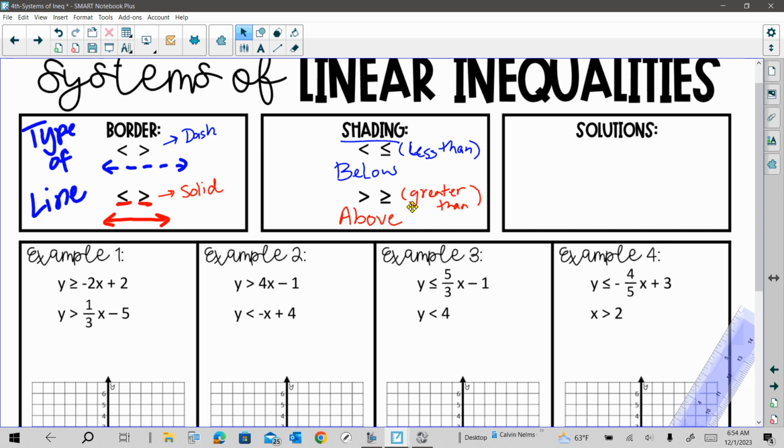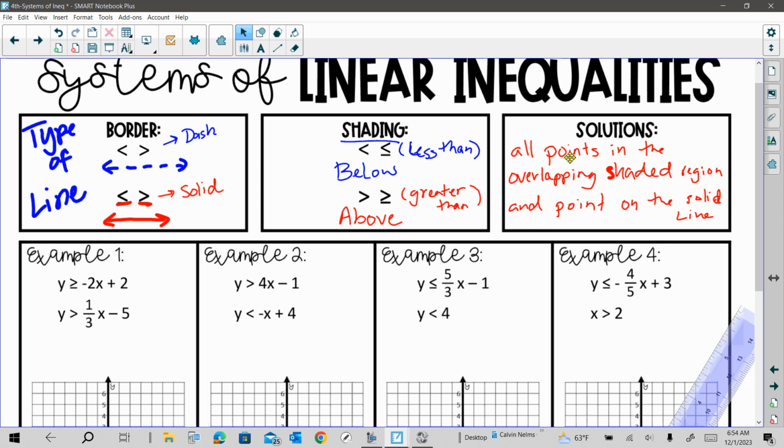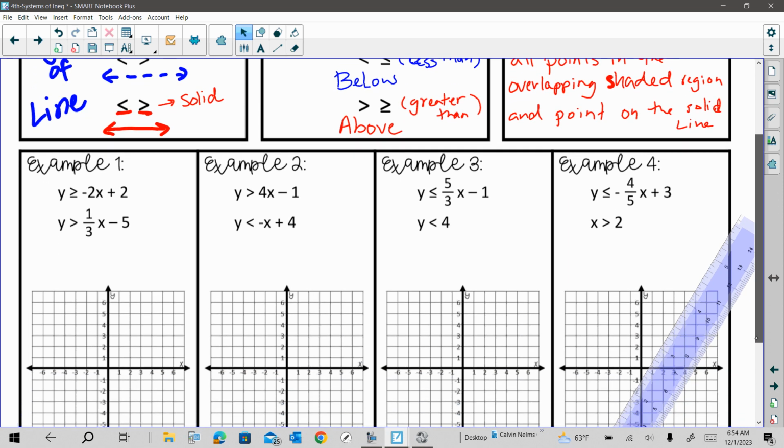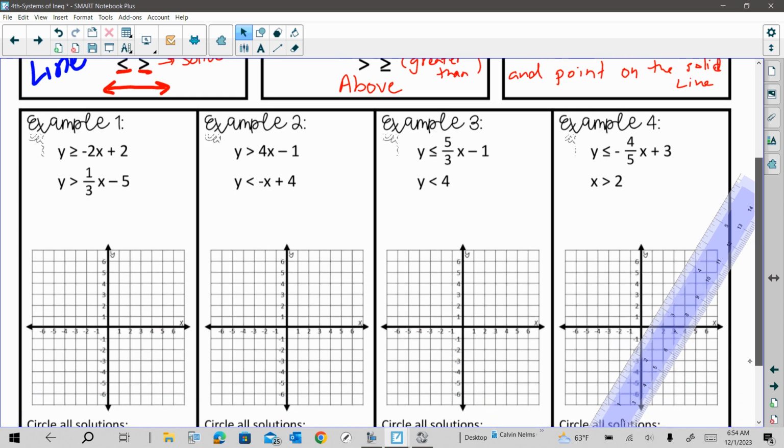Our solutions are any points in the overlapping shaded region. That also includes points on the solid line only. So points on the solid boundary line bordering the overlap region would be a solution. We're going to practice graphing and showing those overlapping regions and then checking solution points.